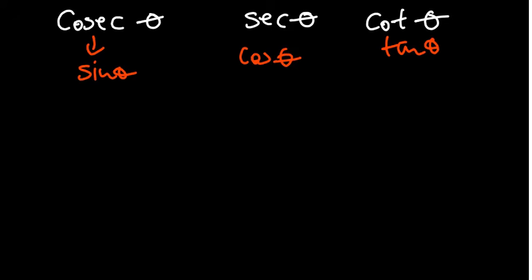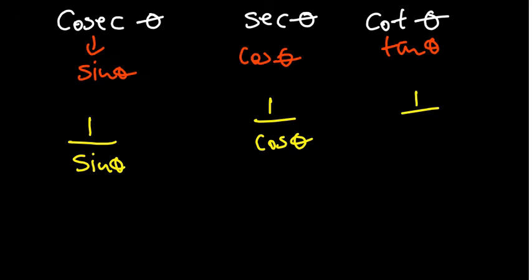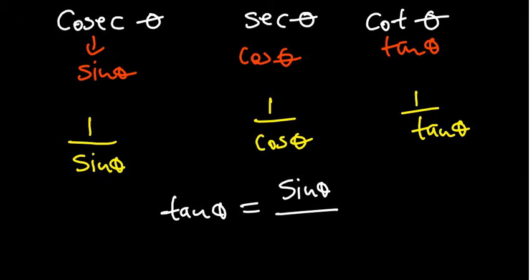Now it's a reciprocal of what I've been writing. So cosecant is the same as 1 over sine theta. Secant is 1 over cosine theta, and cotangent is 1 over tan theta. We understand from the previous video that tan theta is equivalent to sine theta divided by cosine theta.